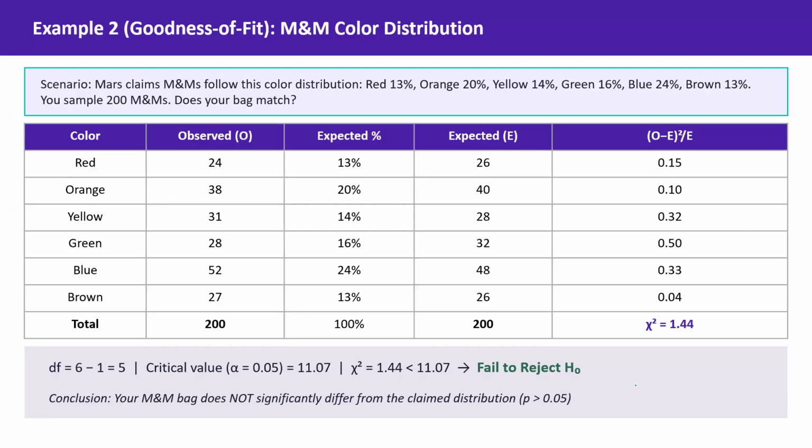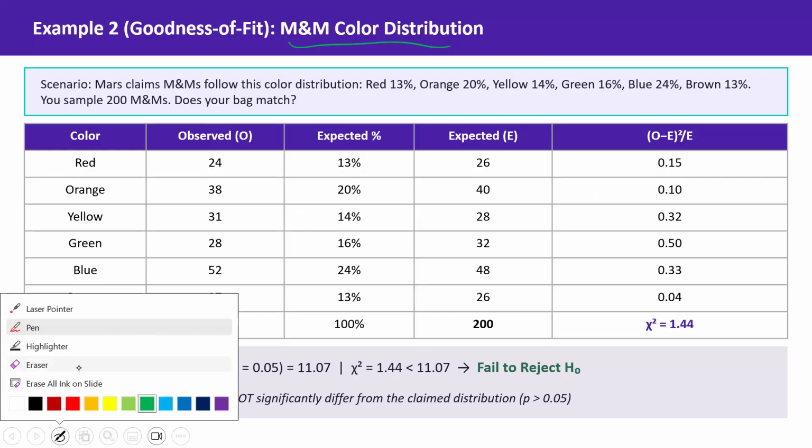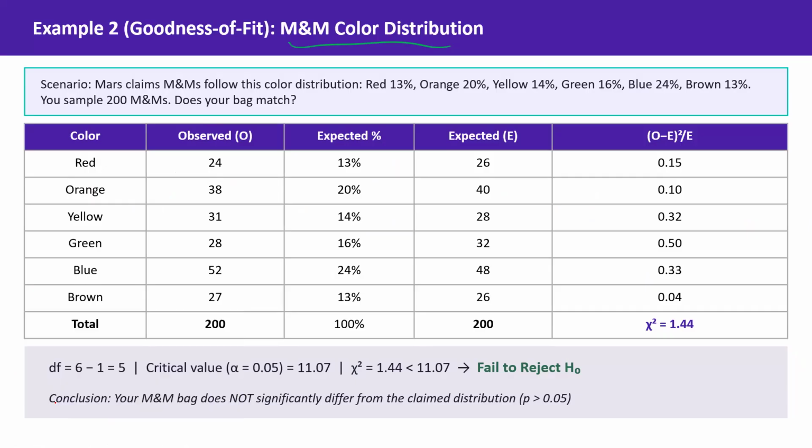Now let's take a look at this, right? Another one. This one is a goodness of fit test. It's about M&M color distributions. Those are sweet stuff, right? So let's see. Mars claims that M&Ms follow this color distribution: red is 13%, orange is 20%, yellow 14%, green 16%, blue 24%, and brown 13%.